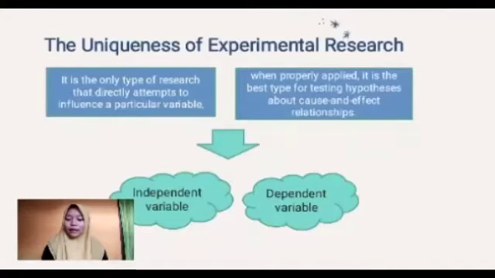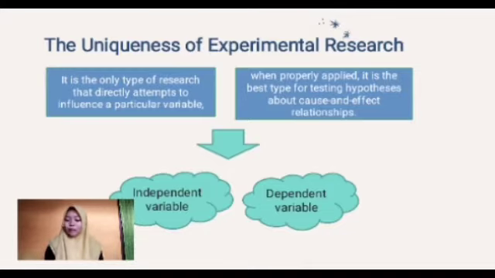The uniqueness of experimental research is that it is the only type of research that directly attempts to influence a particular variable, and when properly applied, it is the best type for testing hypotheses about cause and effect relationships.